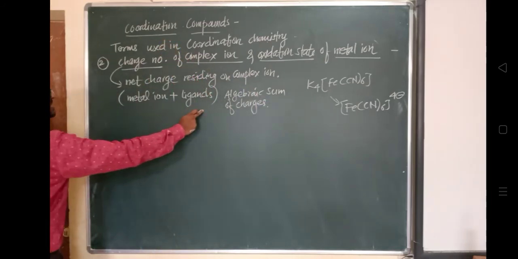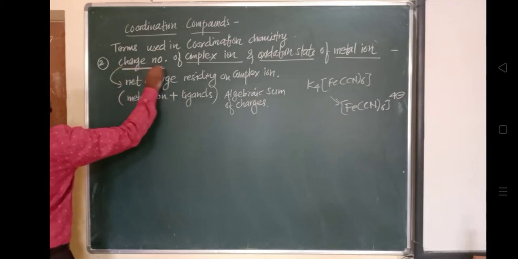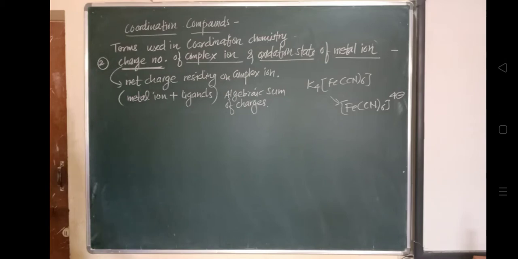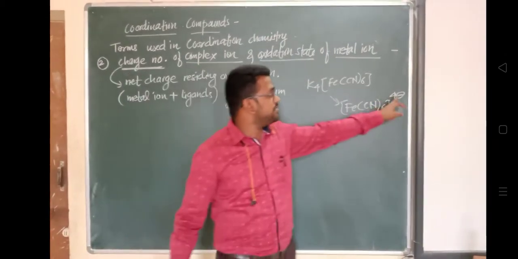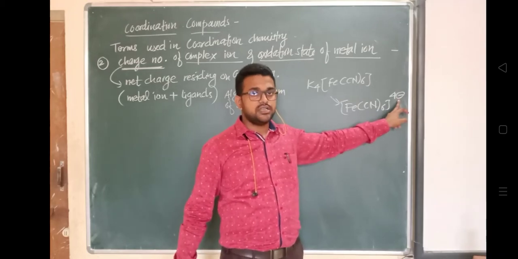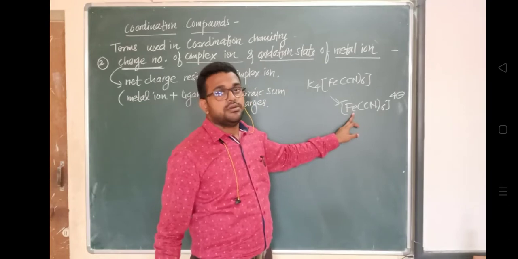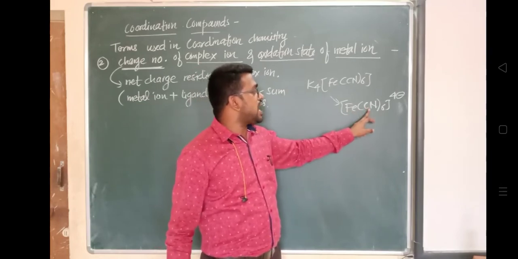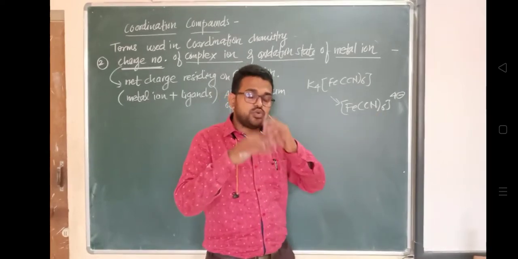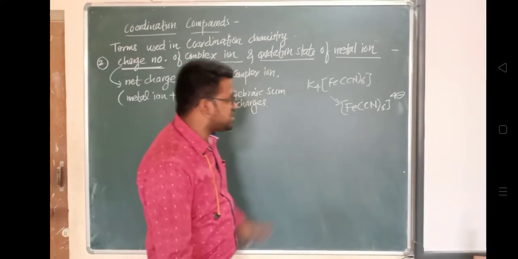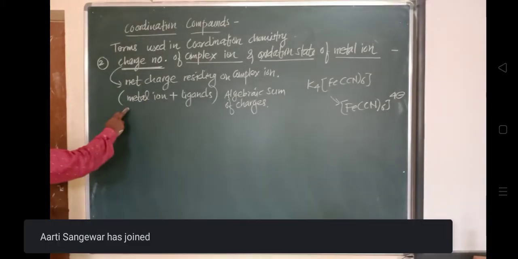So the charge carried by the metal ion is its oxidation state. Okay, so now what is that? A charge carried by the central metal ion, and that charge will represent its oxidation state.